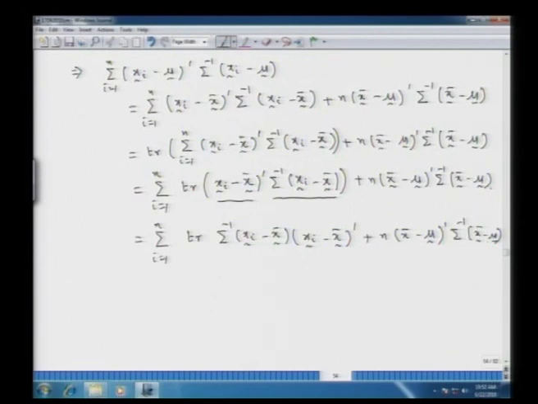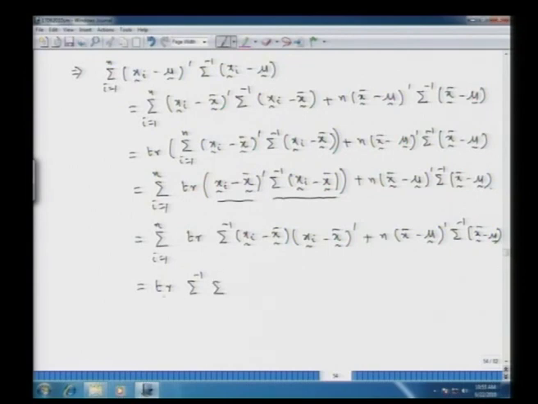Now, this sigma inverse is independent of the i index out here. We will once again make use of the fact that trace of A plus B is trace of A plus trace of B, and hence we can take this trace outside also. So we will write this as trace of sigma inverse, which is independent of the i index and hence can be taken outside the summation.